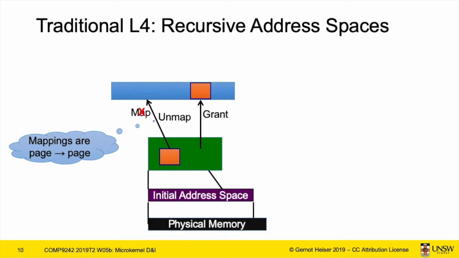There was this magic initial address space called sigma 0, which was an identical map of physical memory. So all the memory the kernel didn't use itself, it mapped into the initial task one-on-one, and then the task had these virtual pages that corresponded to frames, and it could use those operations to manage memory.